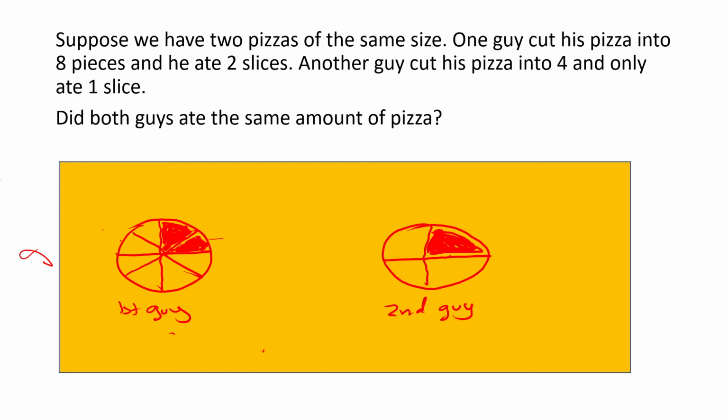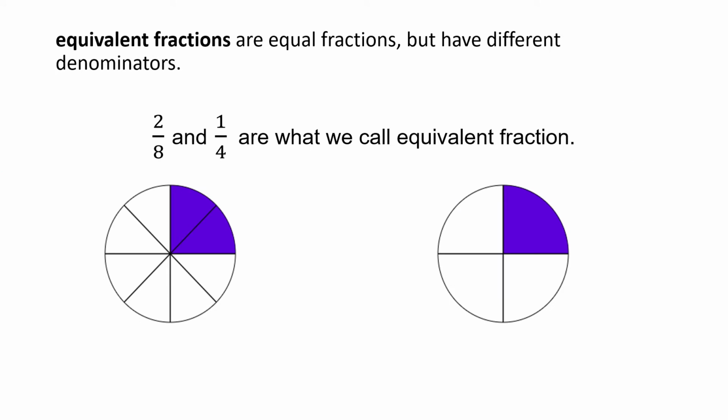And when they share the same amount of area, we call this equivalent fractions. So first of all, what fraction is this? This is 2 over 8, and this is 1 over 4. The 2 over 8 and 1 over 4 is what we call equivalent fractions, and the definition of equivalent fractions is equal fractions that have different denominators.